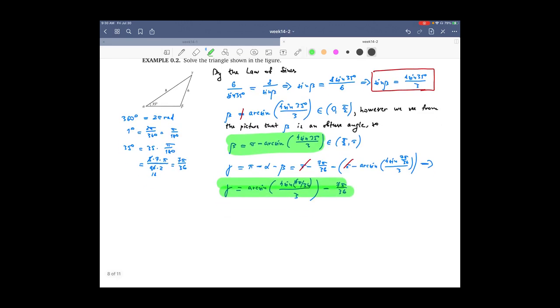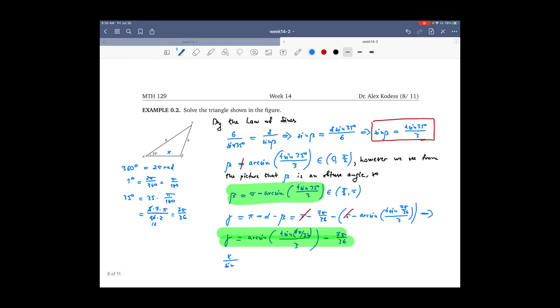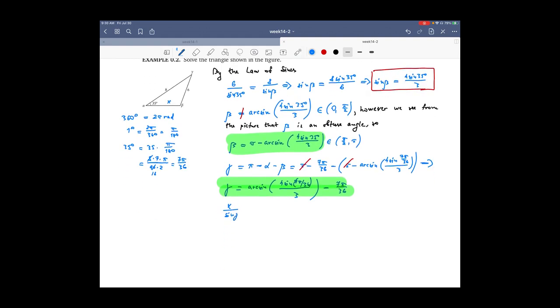By the law of sines, let's call that side x, x divided by sine gamma equals, for instance, 6 divided by sine of 35 degrees. So from here, x is 6 sine gamma over sine of 7 pi over 36.